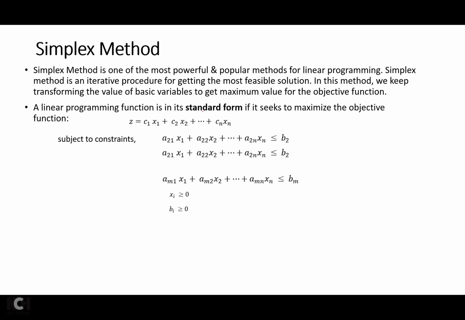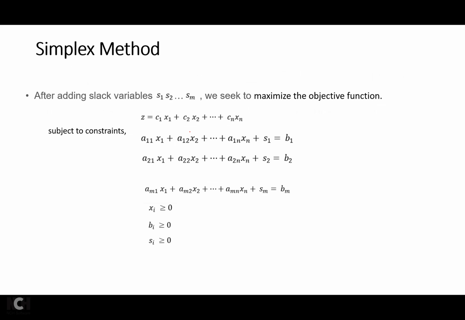A linear programming problem is in its standard form if it seeks to maximize the objective function C equal to C1 x1 plus C2 x2 plus Cn xn, subject to constraints.